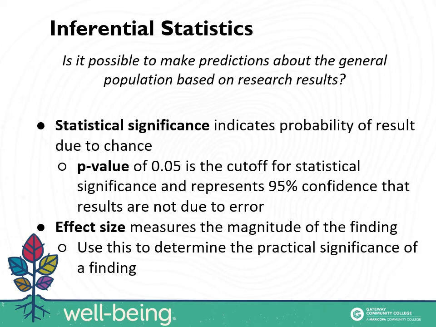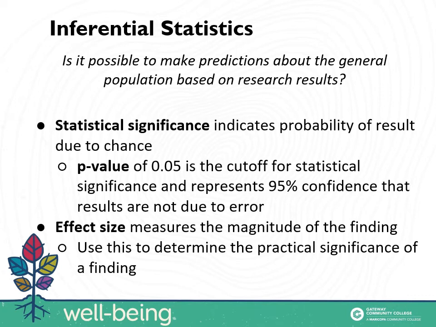So the two concepts that you would then look at is statistical significance. What is the probability that the result we got in our research was due to chance? There's a measure called the p-value, and you'll see this in a lot of studies, that is that measure.